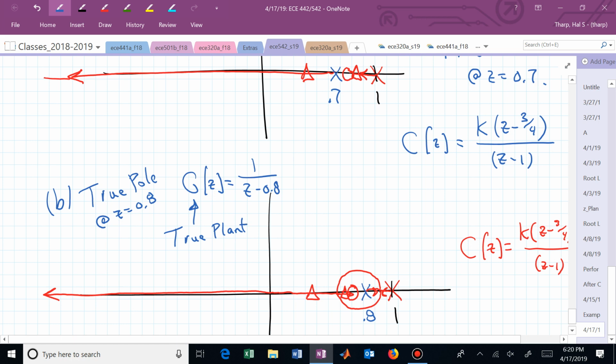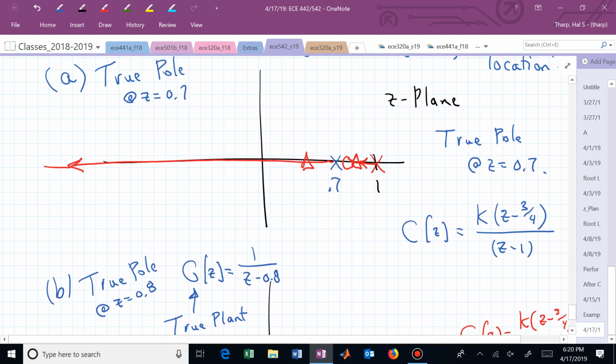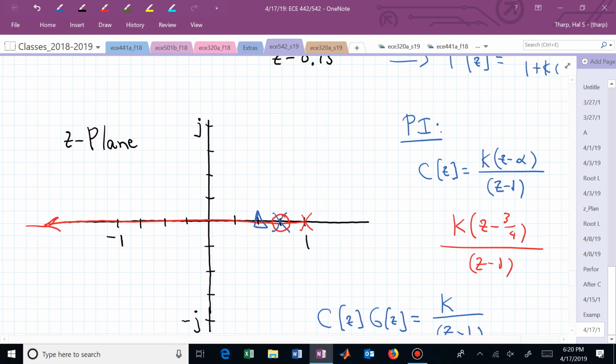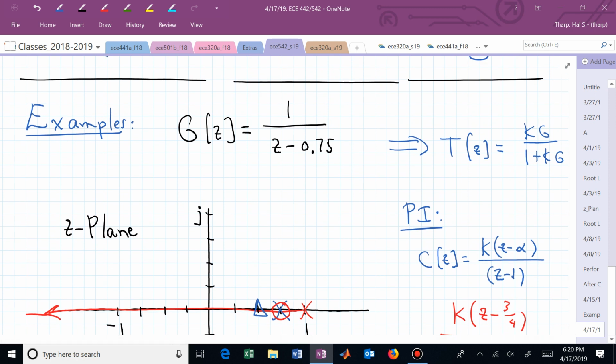So the 0 at 3/4 is what we think the plant is. So the 0 at 3/4 was based on an inaccurate understanding of our original system. We thought we were dealing with a plant that had a pole at 3/4. Well, that wasn't quite true.